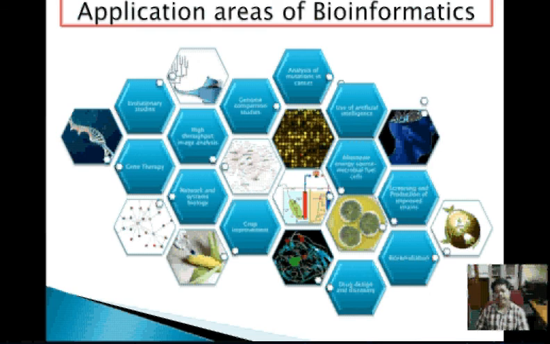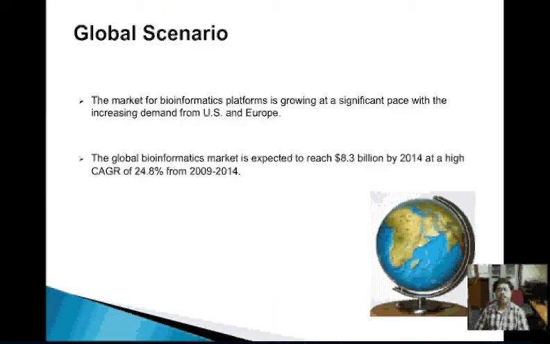So these are a few areas I just tried to mention where we can use bioinformatics and where the industries are cashing in on these systems. And when you look at the global scenario, the market for bioinformatics platforms is really growing at a significant pace, and the demand from the US and Europe is ever increasing.